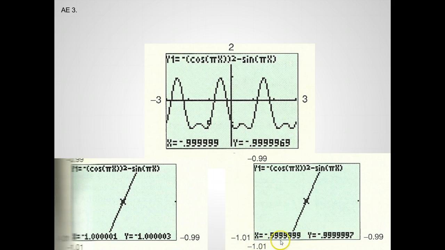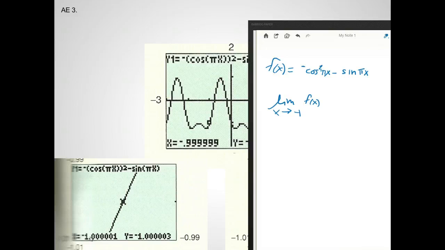Here, ever so slightly smaller than -1. In both cases, the y values are very close to -1. So if we can go back to here, we would say then that the limit of this function as x approaches -1 is equal to -1.